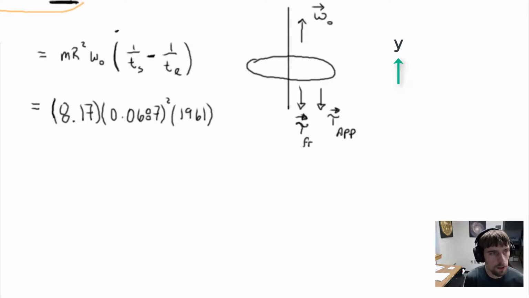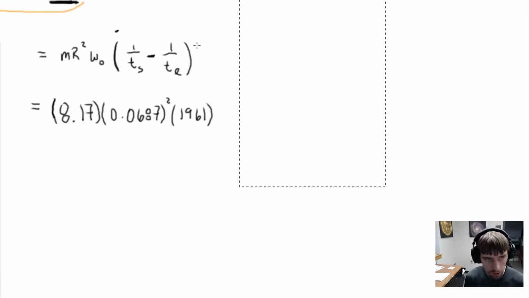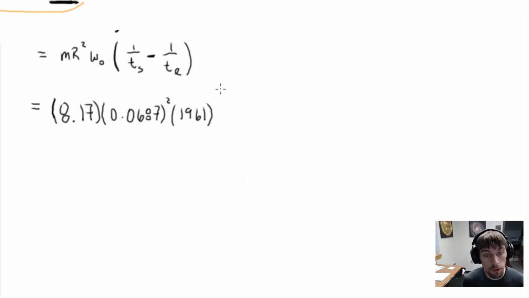Of course, if I just left it with 1961, then my angular acceleration and everything would be in revolutions instead of radians. So I'll multiply by pi over 30 to get it into radians. 1 over Ts, and notice since this one's the short time, this number will be larger than the second term.